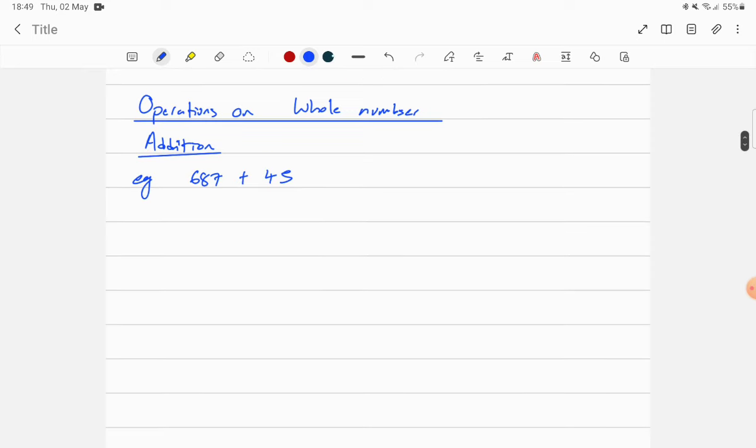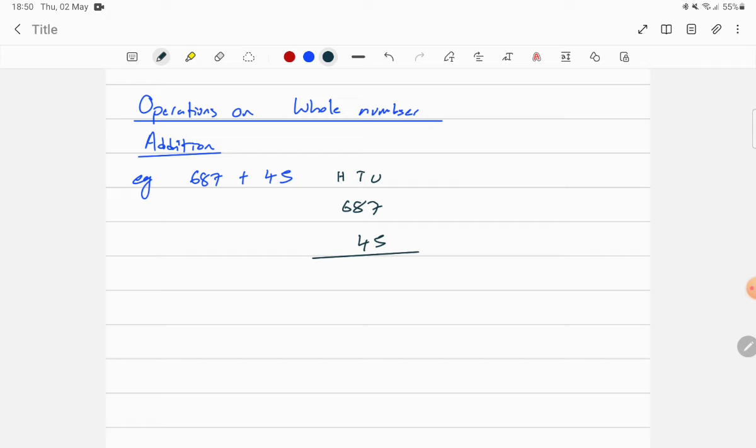Here, just to manually add this, since you aren't allowed a calculator, as well as if you can't actually work these things out in your head. So here, your hundreds, tens, and units, and then 687 plus 45.